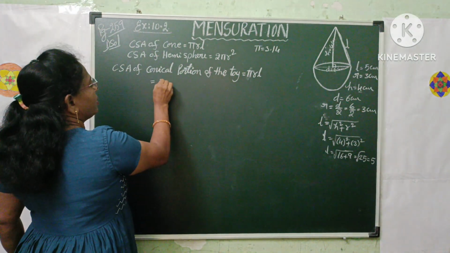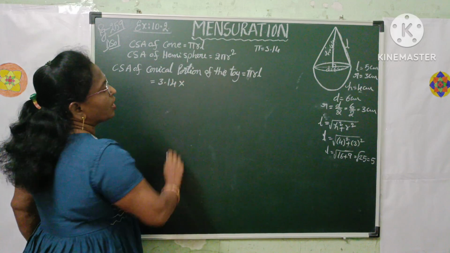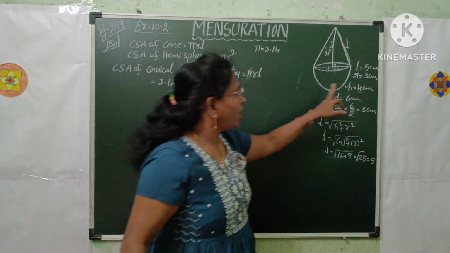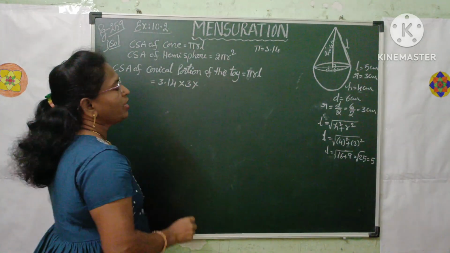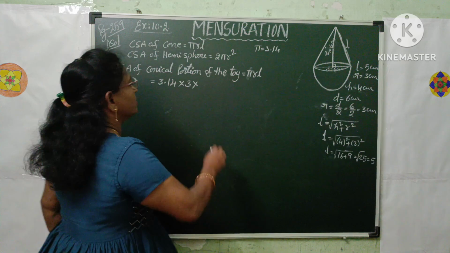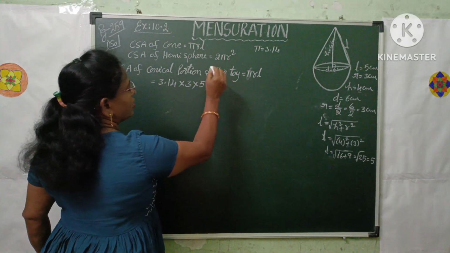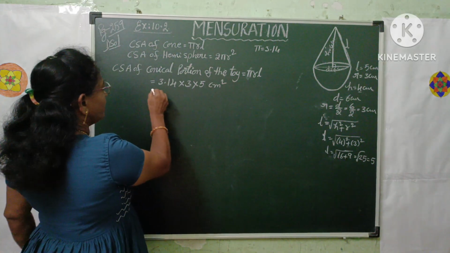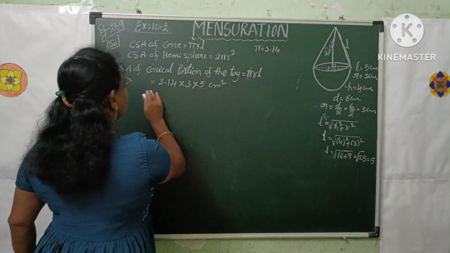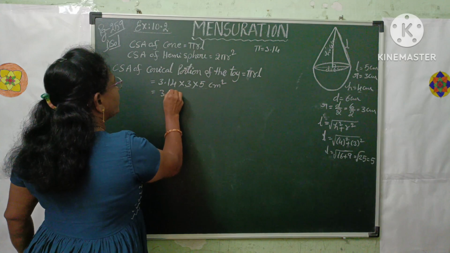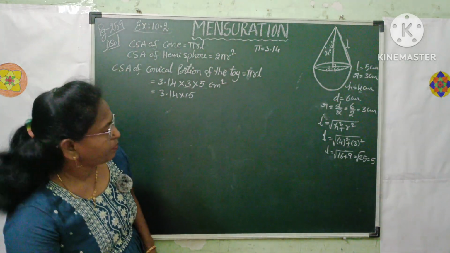Multiply 3.14 into r, which is 3 centimeters, into L, which is 5 centimeters. Area is in centimeter square or square units. Then 3 5s are 15. That is equal to 3.14 into 15. Now we have to multiply.